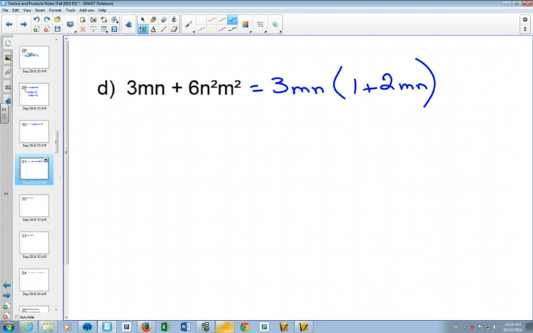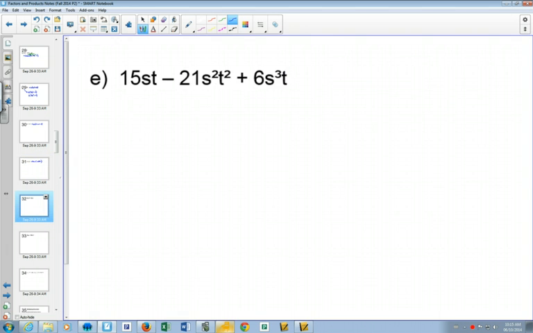Mathematically, they do alphabetical more often than not. So what I had here with the n squared, m squared should have been m squared, n squared alphabetically, but it doesn't make a difference. And again, you multiply it out afterwards to see if, when I distribute this, it works out to be the same thing.